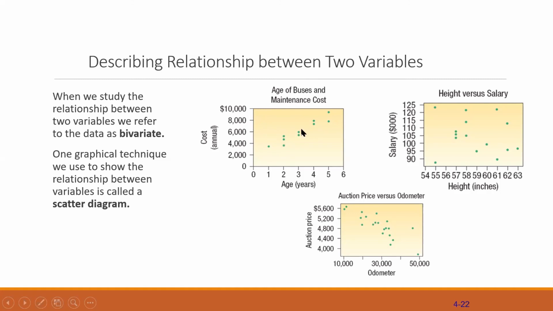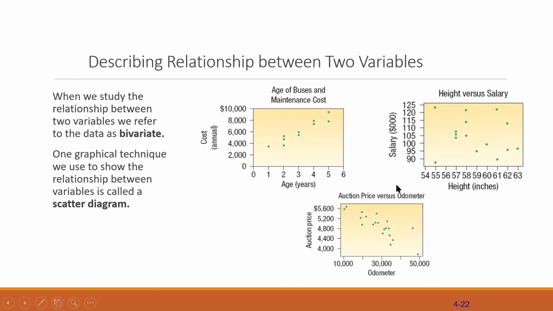You will see the dots form an upward trend pattern, meaning that these two variables are positively related. We can also say that the relationship is strong because in the scatter plot, the dots are forming a straight line and going along that straight line very closely.